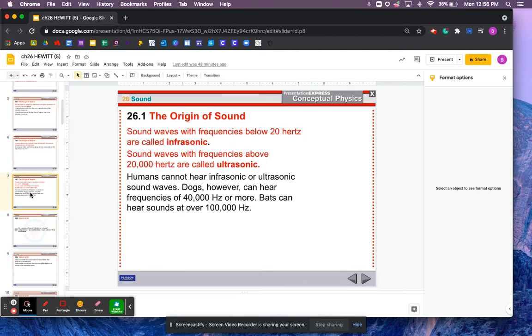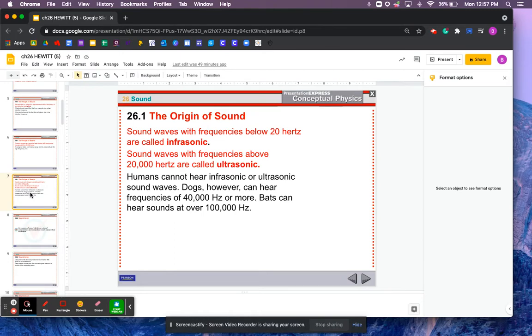Now, if we're talking about frequencies, anything below 20 hertz, less than what a normal human can hear, is called infrasonic. Sound waves with frequencies above 20,000 hertz are called ultrasonic. Infra means smaller than, so smaller than 20 hertz.